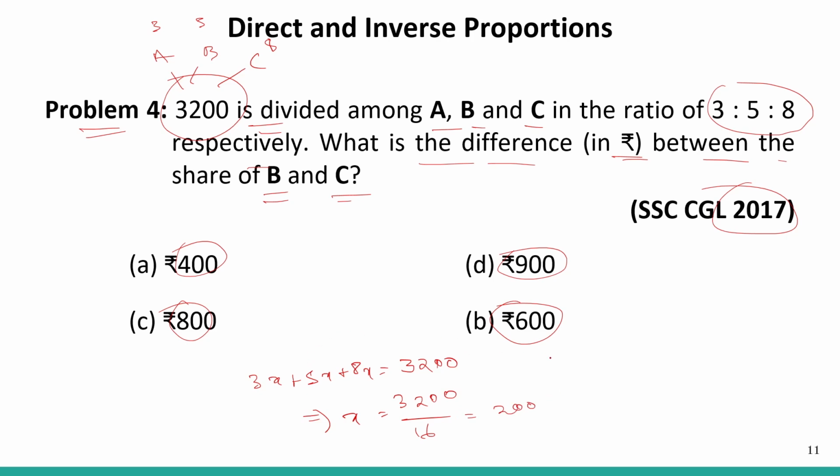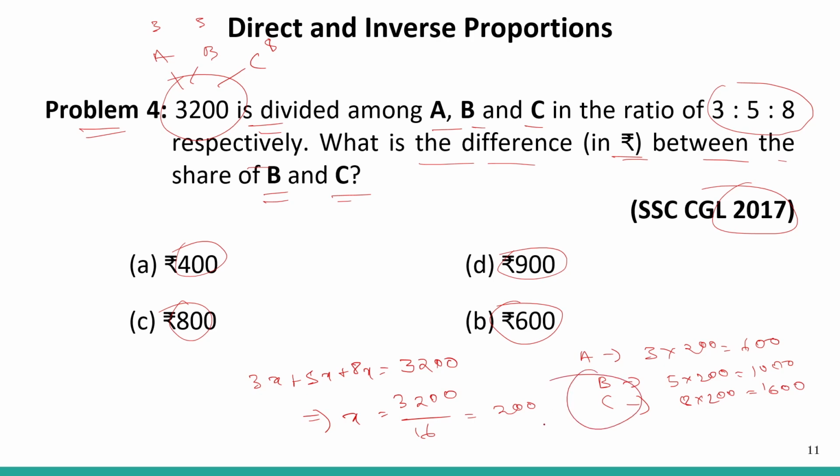So the shares for A, B and C will be what? So the share for A will be 3 into 200 is equal to 600, and the share of B will be 5 into 200 is equal to what? 1000, right? And the share for C will be 8 into 200, that is equal to 1600.